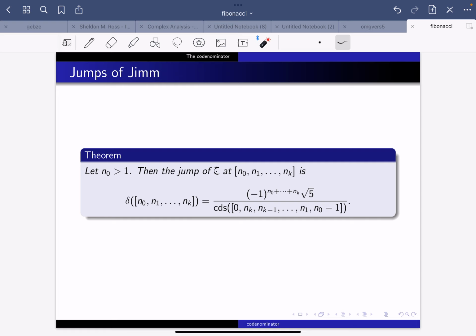Now, as I said, Jimm has jump discontinuities at rational points, and we can compute this in terms of the function codiscriminant that we had defined earlier.